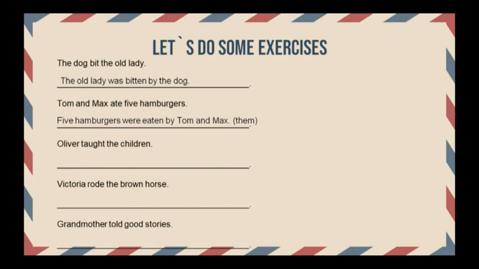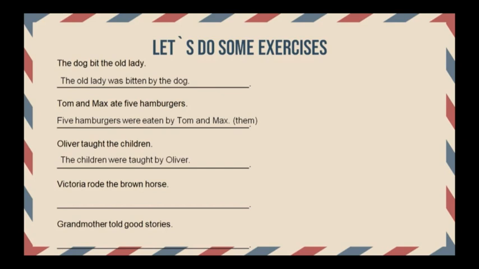Next sentence. Oliver taught the children. Oliver is a subject, taught is a verb, the children is an object. So the children will be the subject in the passive sentence. Then the children were taught by Oliver. Now, next sentence.